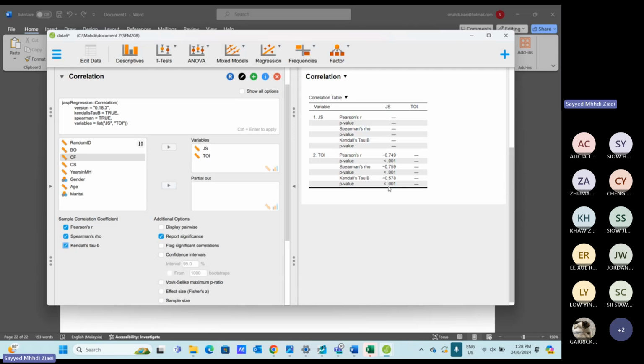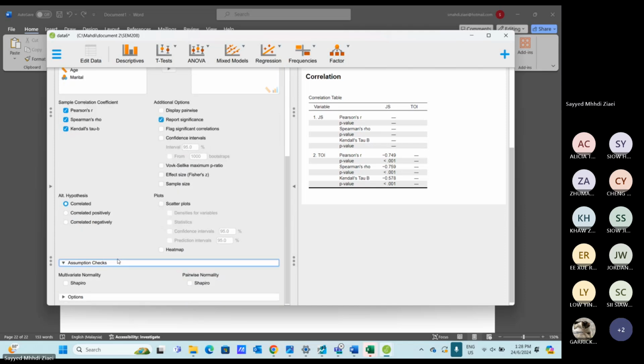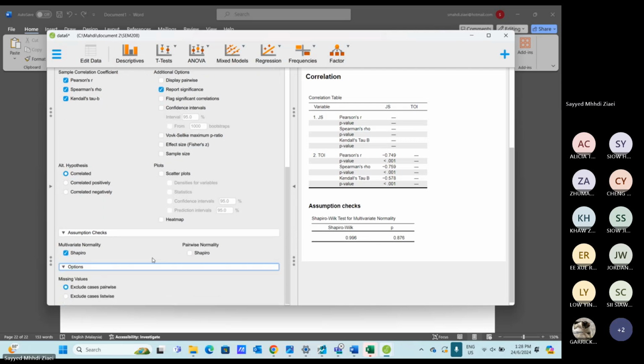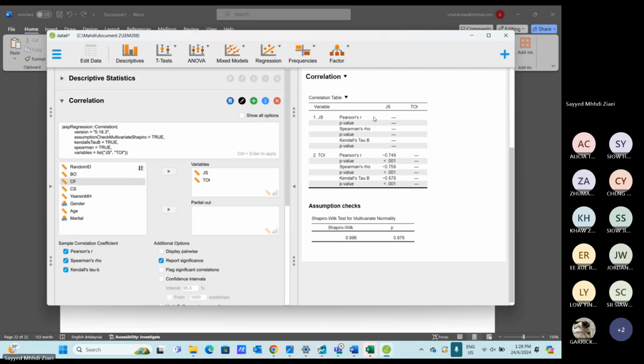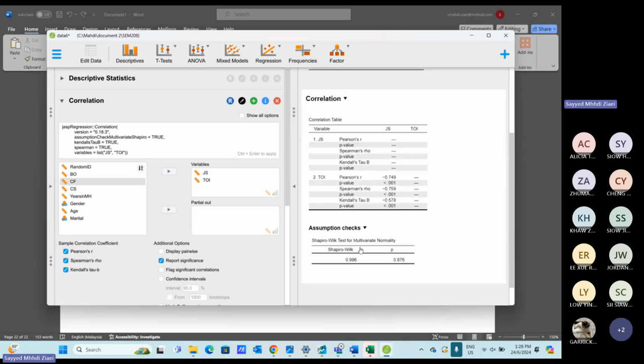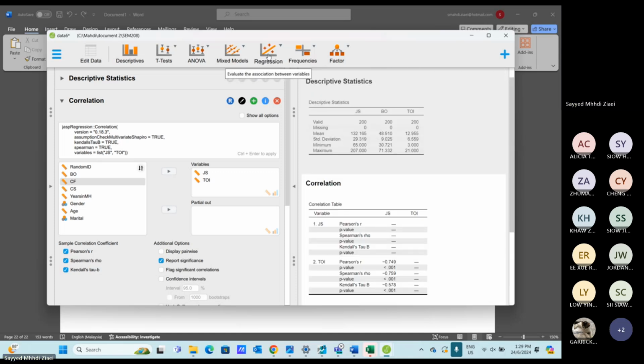We also got a negative relationship. So we can use this for validity as well. The Pearson test result is confirmed when we use Spearman and Kendall.